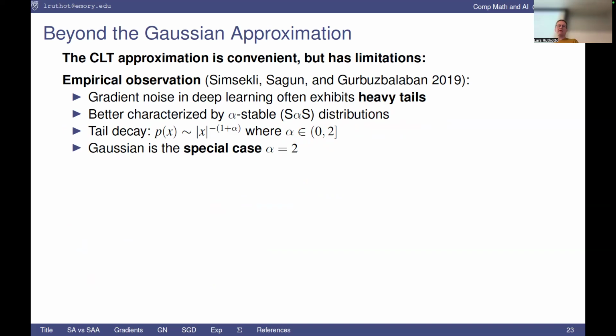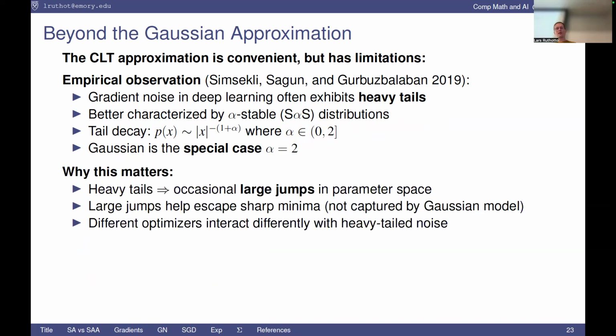If you have alpha equal to 2, you have a Gaussian, but usually you can reach heavier tails. And why does it matter? Because heavy tails mean you can have large jumps, and maybe for an optimization, that's something you would actually want.